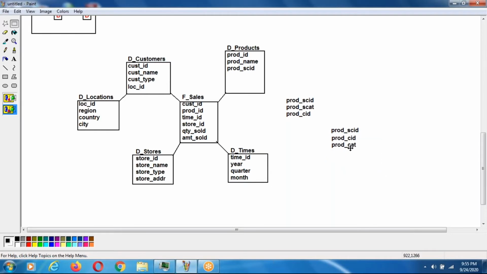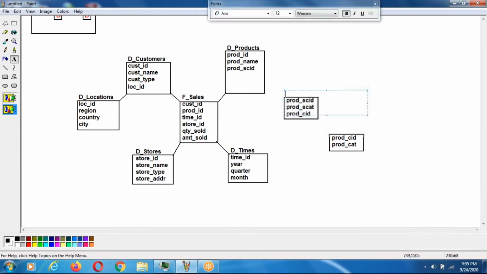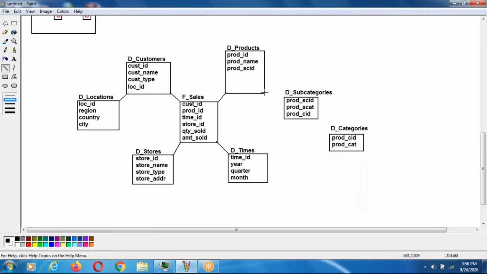The products table is communicating with the subcategories table. The subcategories table is communicating with the categories table.